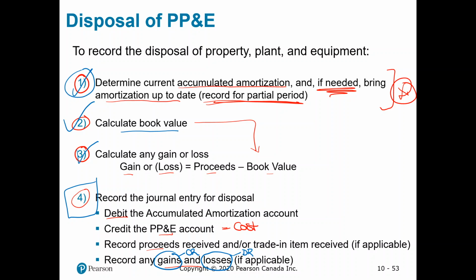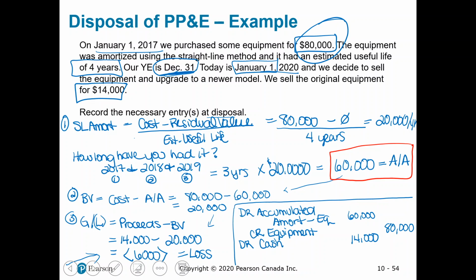So you might want to make that note on this slide before. So in our case, we have a loss, and therefore we're going to debit that. And the account we use will say loss on disposal of PP&E. And we calculated that as 6,000.